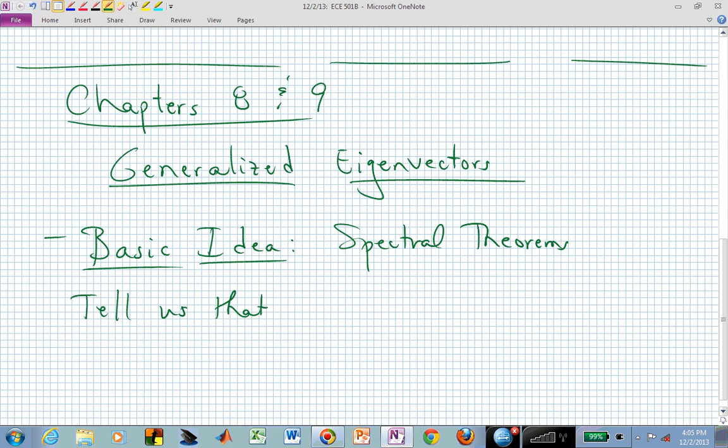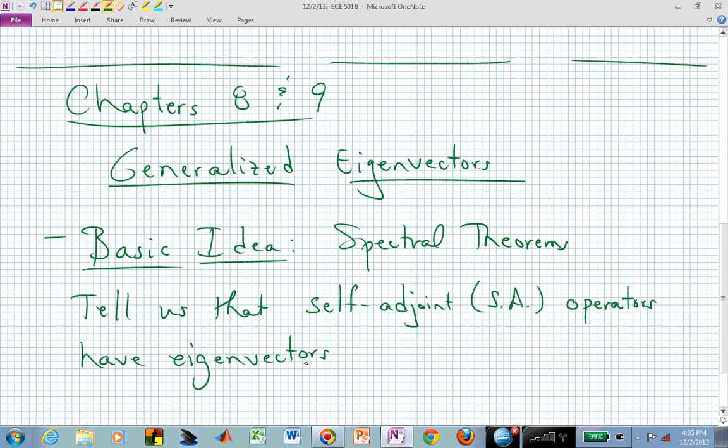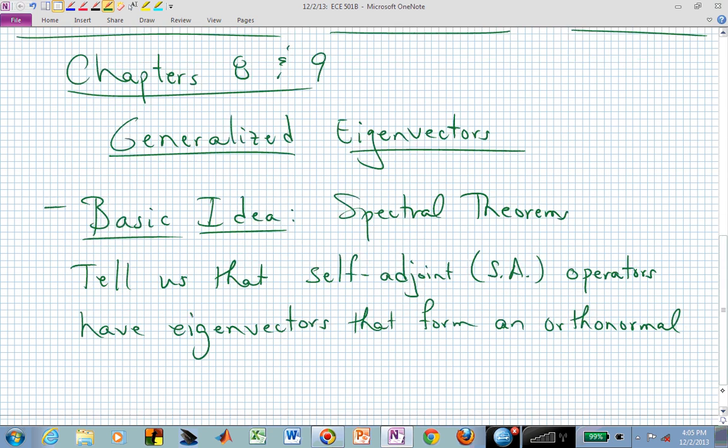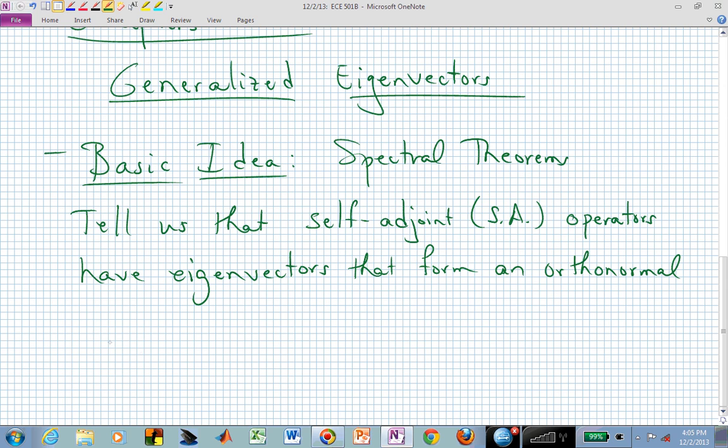The spectral theorems tell us that self-adjoint, and I might refer to that as SA in the next line or two, self-adjoint operators have eigenvectors that form an orthonormal basis.